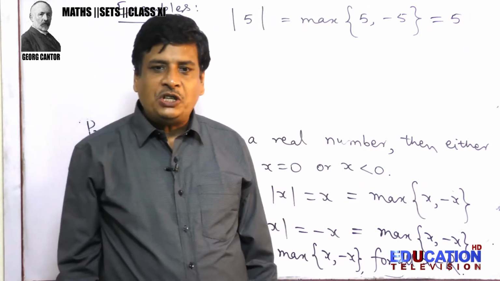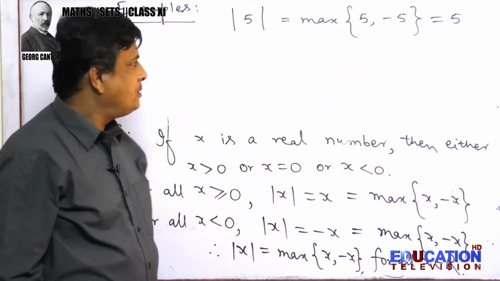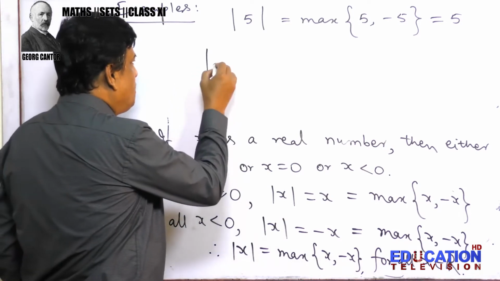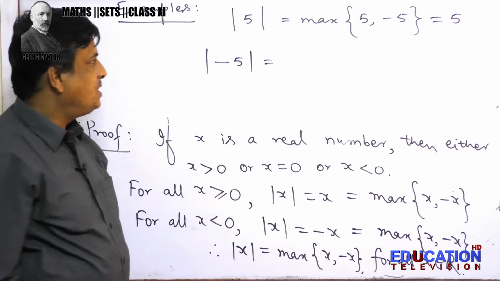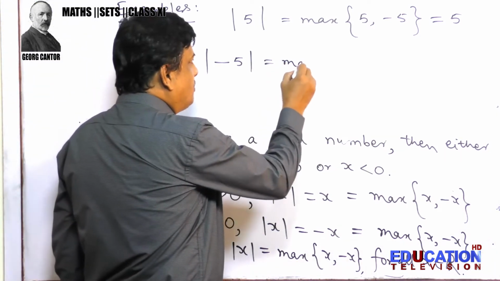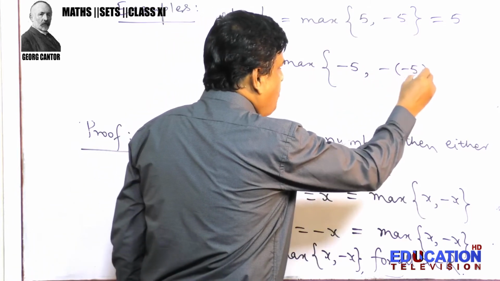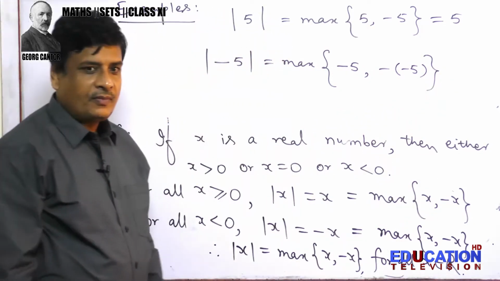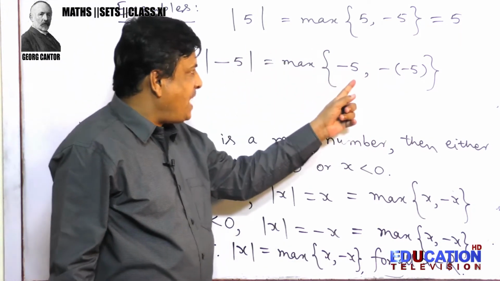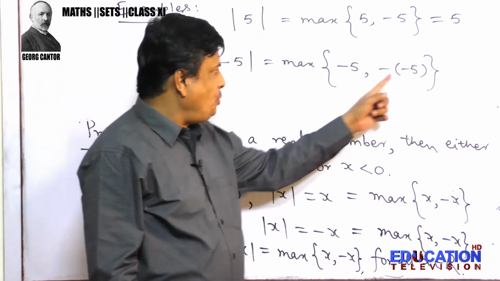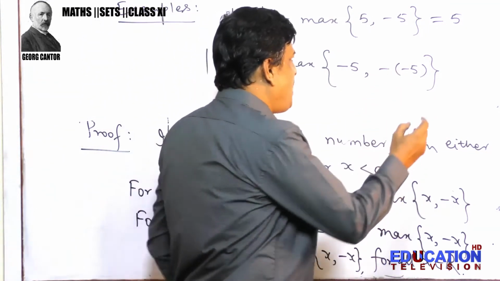So modulus 5 is equal to 5. We can write with the help of this also, modulus of minus 5 is the maximum value of the set containing elements minus 5 and minus of minus 5. Negative of minus 5 is taken and minus 5 as it is. These are two elements. So which one is greater? Minus of minus 5 is greater.